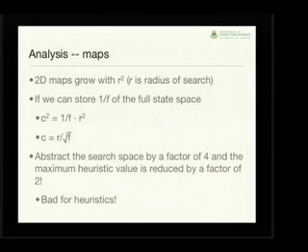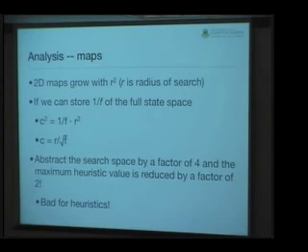If I want to know the maximum heuristic value I'm going to get, we can make the same assumptions and solve the same equation. What we see is a dividing factor here: we divide by the square root of this fraction. So if I abstract the state space by a factor of 4, I get a factor of 2 reduction in the maximum heuristic value, which quickly leads to a very inaccurate heuristic.